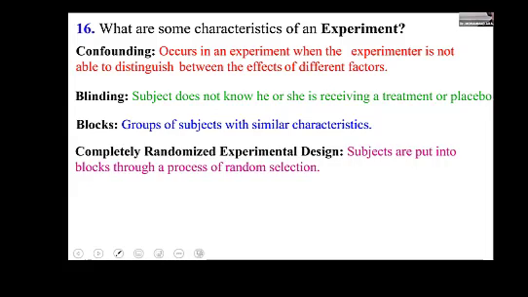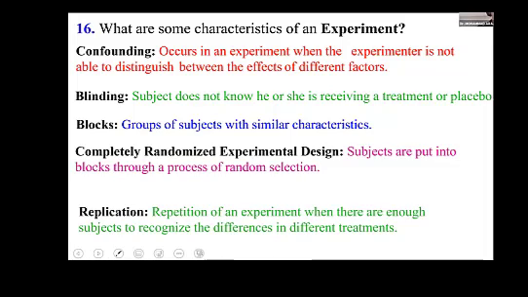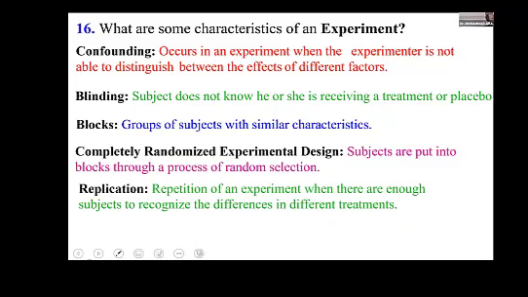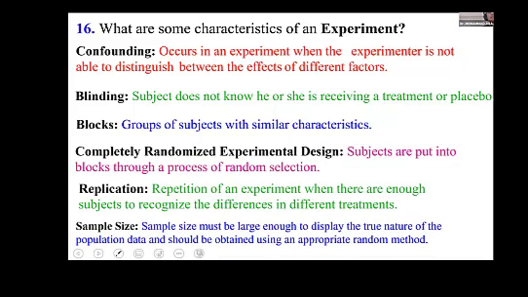Completely randomized experimental design: subjects are put into blocks through a process of random selection. Replication of an experiment: there must be enough subjects to recognize the difference in different treatments. Sample size must be large enough to display the true nature of the population data and should be obtained using an appropriate random method.